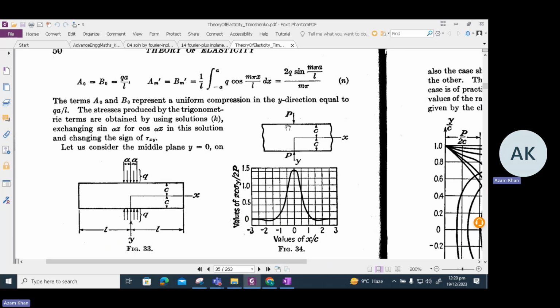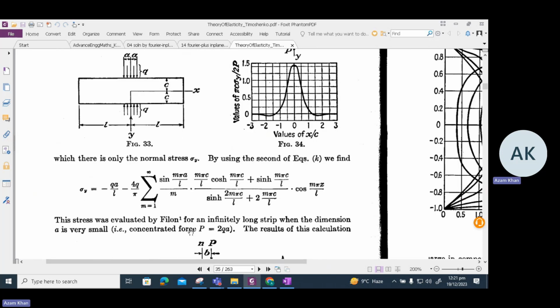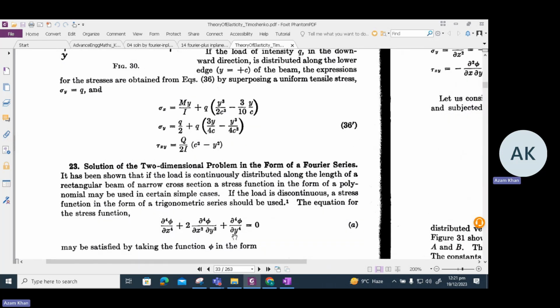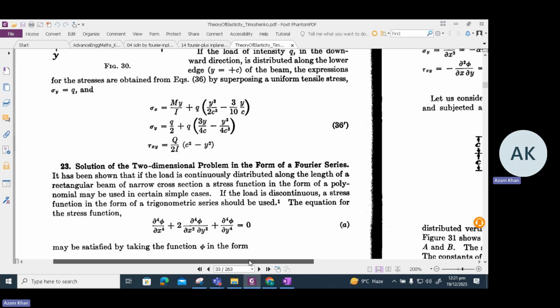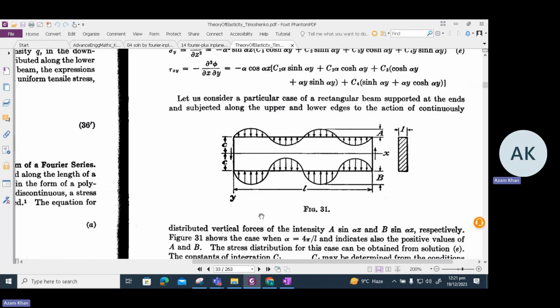In the case of a point load also, we can convert it into an equivalent UDL patch load, and after that use Fourier series to approximate this load and get the values of our stresses. Thus, we can see that Fourier series can be employed to approximate different types of loadings.